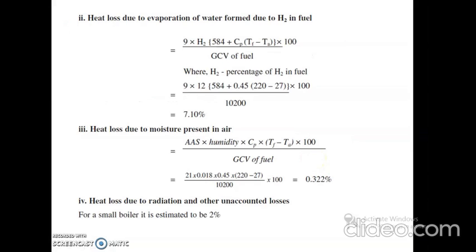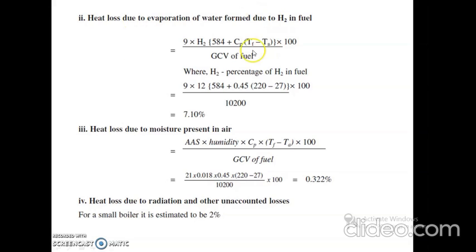Second, heat loss due to evaporation of water, of which of course the source is hydrogen. When the fuel burns, the hydrogen in the fuel reacts with oxygen, and that H2O formed will readily absorb heat from the furnace itself. The heat loss due to evaporation of water formed due to hydrogen in the fuel is because of the hydrogen reaction with the oxygen.